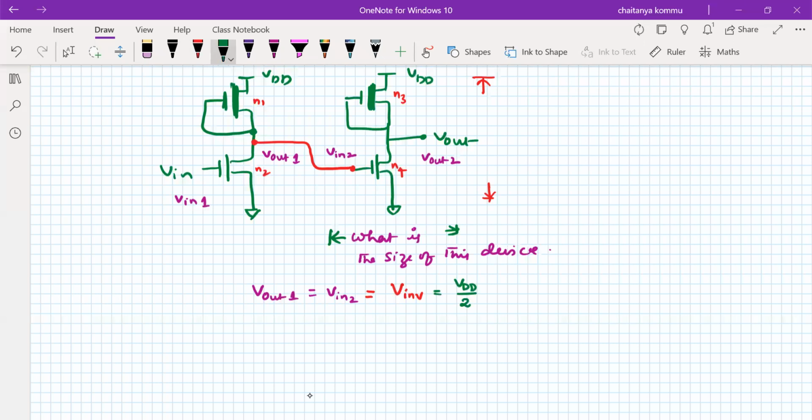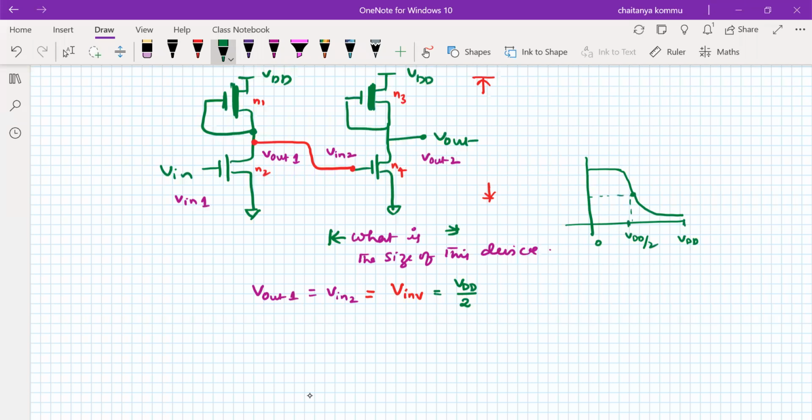That means the maximum voltage divided by 2 will make sure that both the transistors N3 and N4 are on. Agreed? That's what we have seen in the voltage transfer characteristics, something like this. So exactly 0, and for example, VDD maximum voltage. Exactly at VDD divided by 2, we make sure that both the transistors are on.